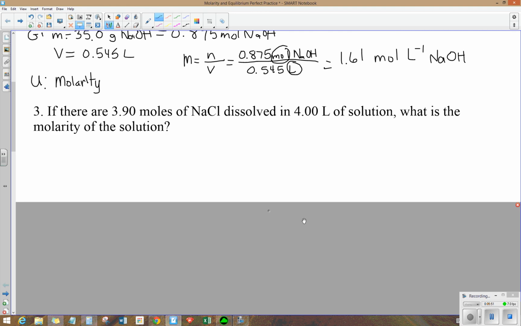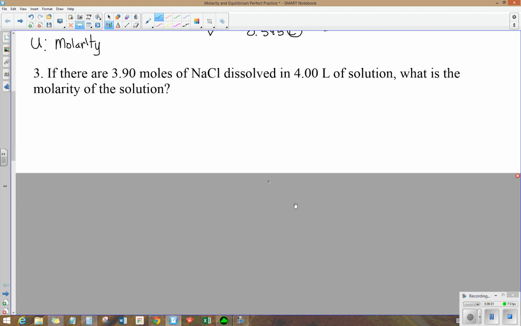All right, question 3. If there are 3.90 moles of sodium chloride dissolved in 4 liters of solution, what is the molarity of the solution? So again, if we list out our givens, we know that for the number of moles, we have 3.90 moles of sodium chloride. I keep doing hydroxide.